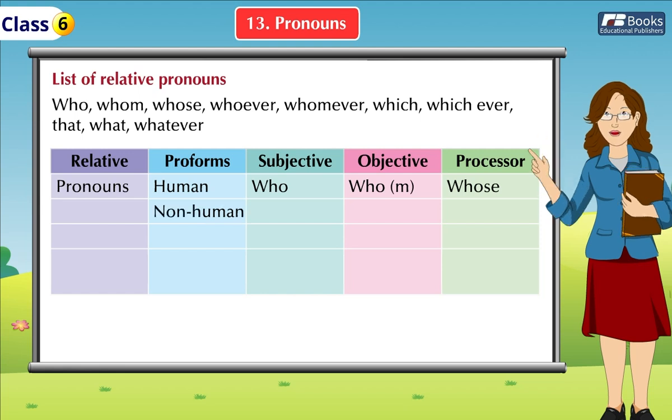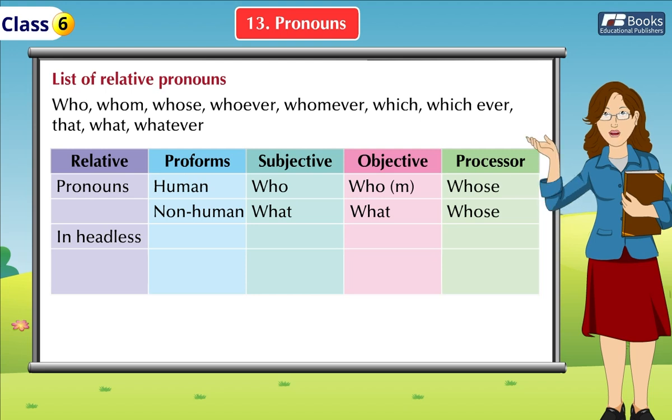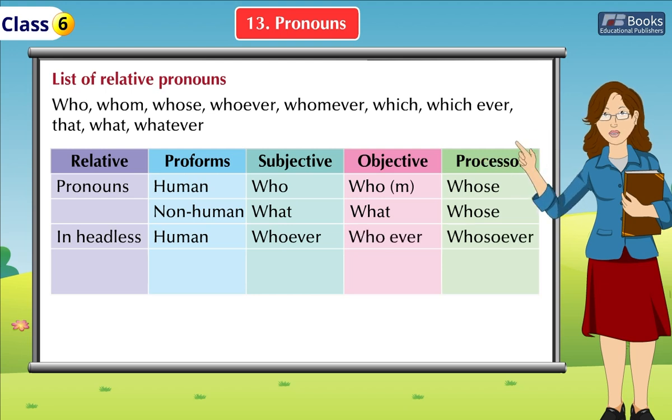Non-human: subjective what, objective what, possessive whose. Headless relatives, human: subjective whoever, objective whomever, possessive whosever.